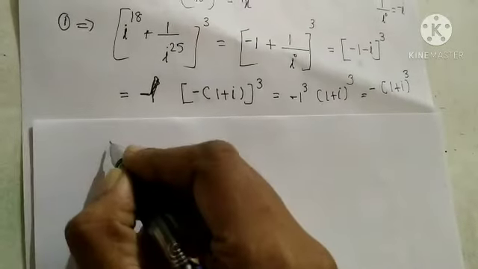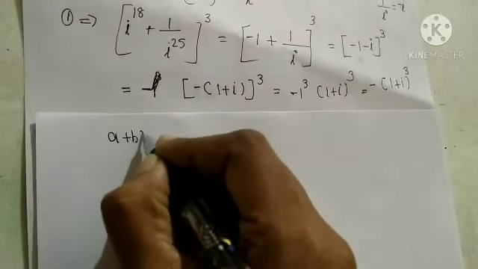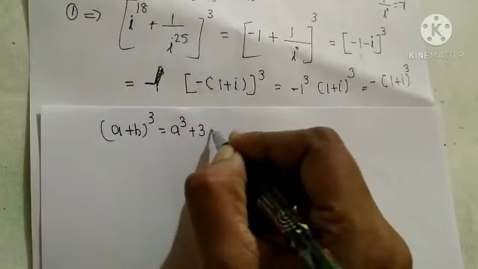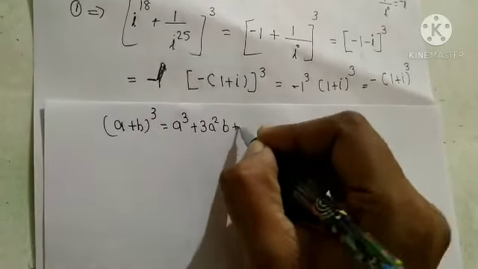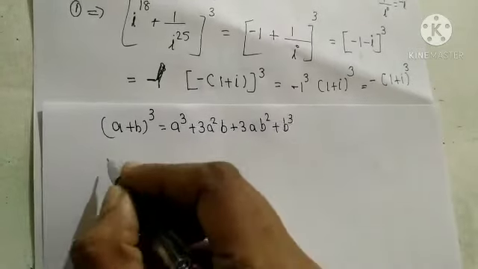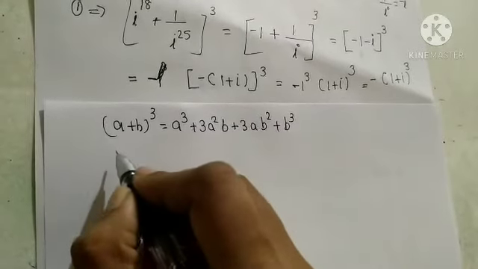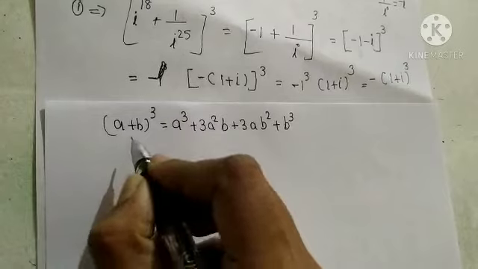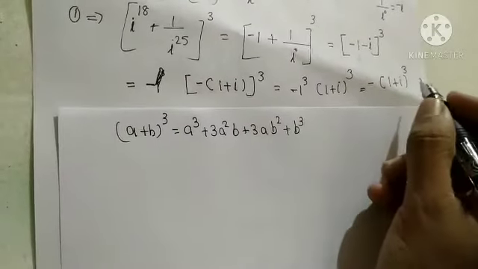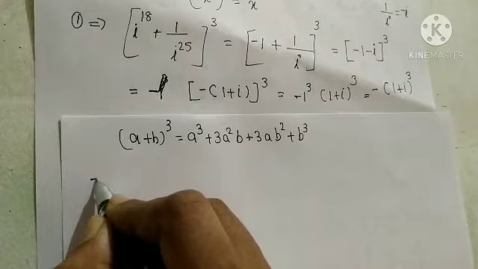We know the identity a plus b whole cube is equal to a cube plus 3a square b plus 3ab square plus b cube. So next I am going to use this formula by expanding 1 plus i whole cube. Take this negative outside.